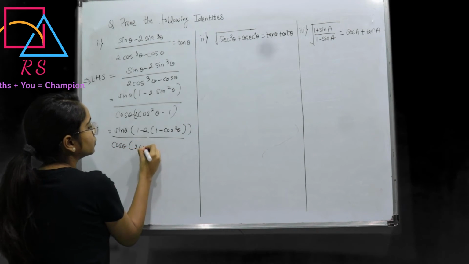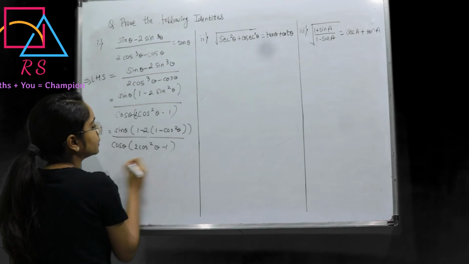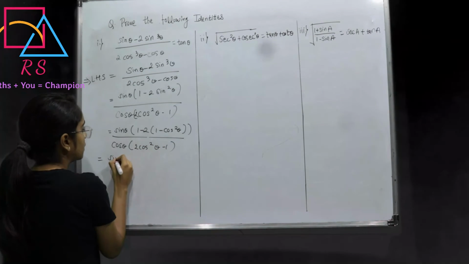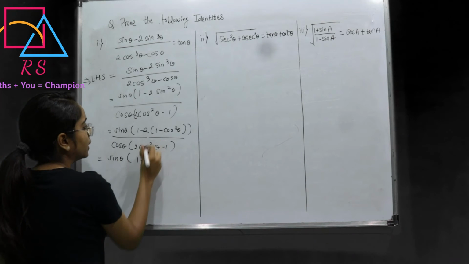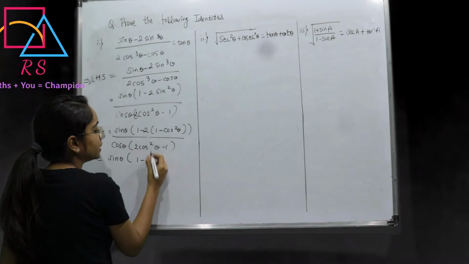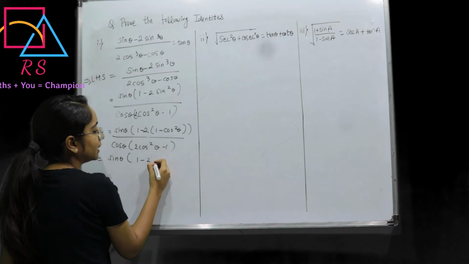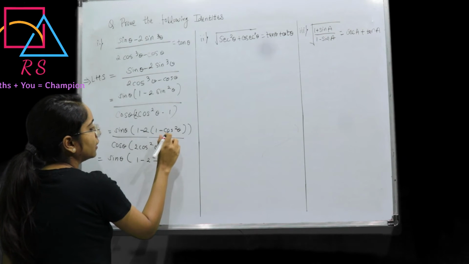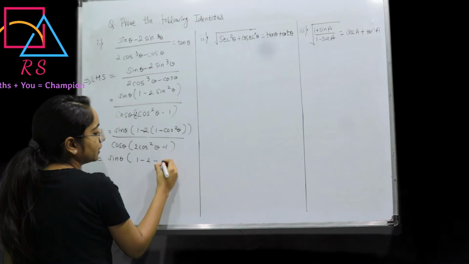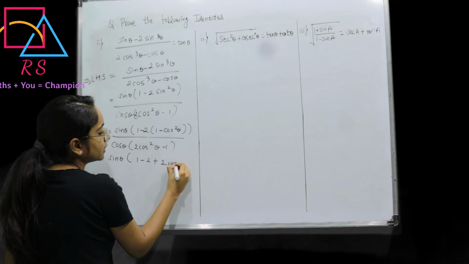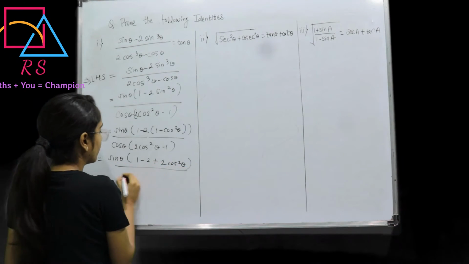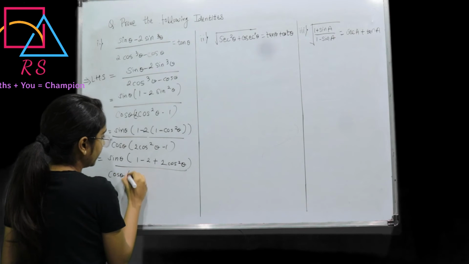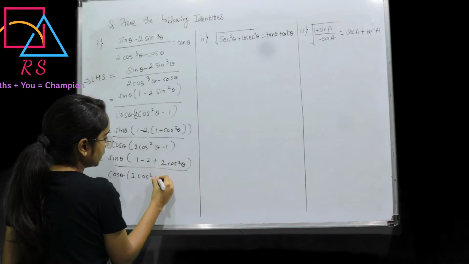Denominator will be same, 2 cos square theta minus 1. Sin theta, further we'll simplify the numerator. We'll multiply the bracket, 2 into 1 minus cos square theta, minus 2 into minus cos square theta is plus 2 cos square theta, upon denominator as it is, 2 cos square theta minus 1.